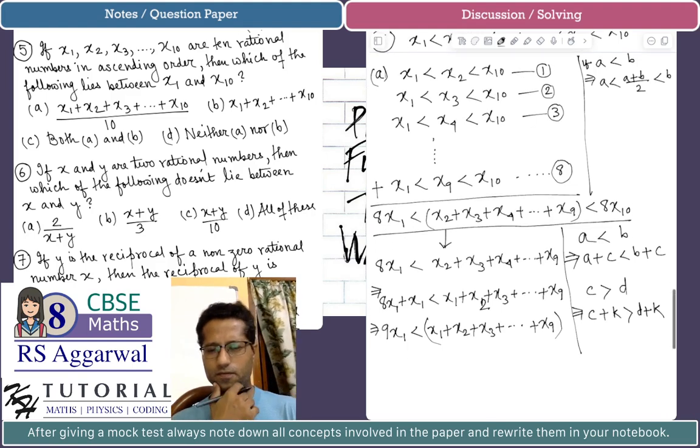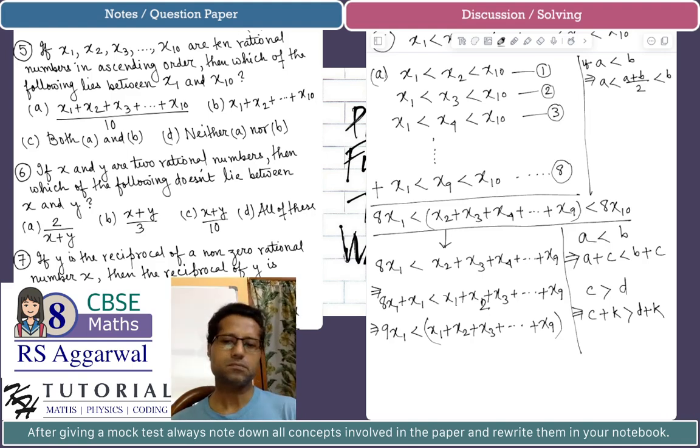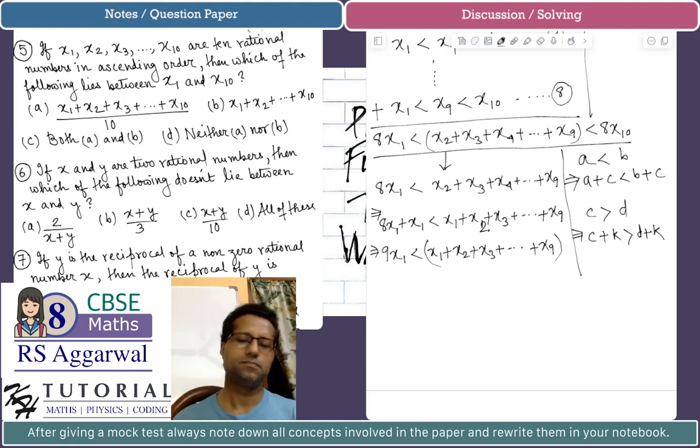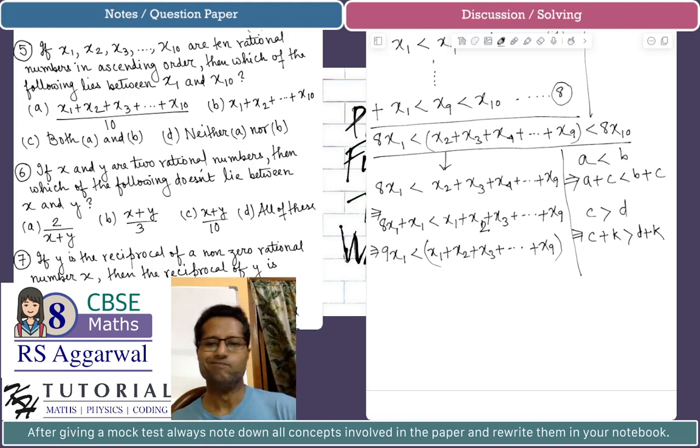Now, if I add x10 to both sides, I can add any non-zero number to both sides and the inequality will remain the same.